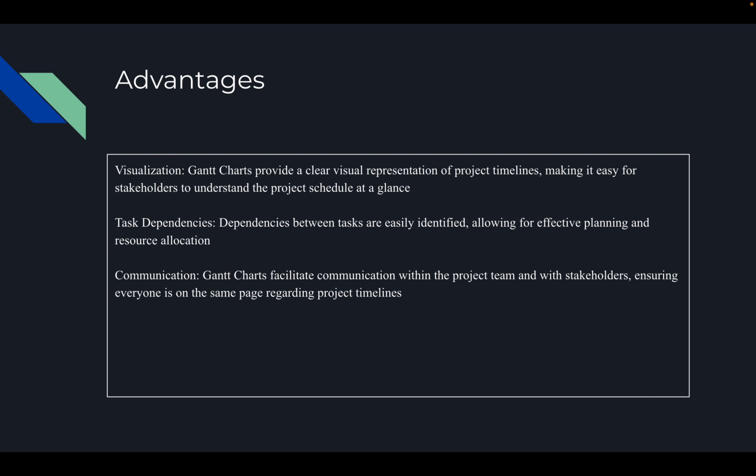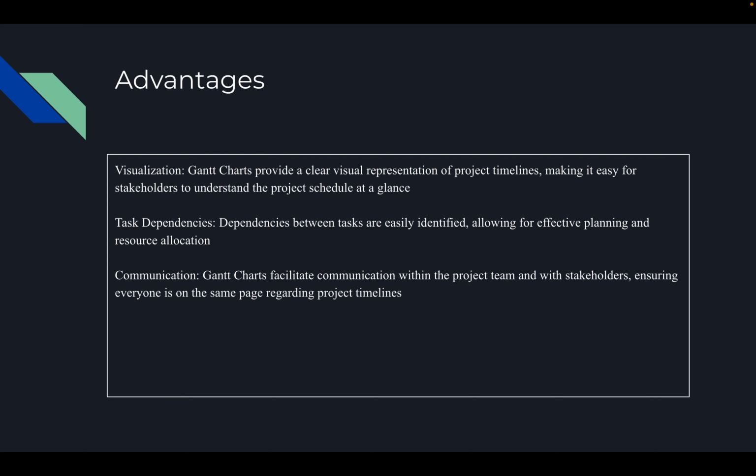With project management, using Gantt charts provides a good visual representation for project timelines, and it's easier for stakeholders to understand. It keeps them on the same page with what the team is doing. So project management helps in that way. It also helps with task dependencies.